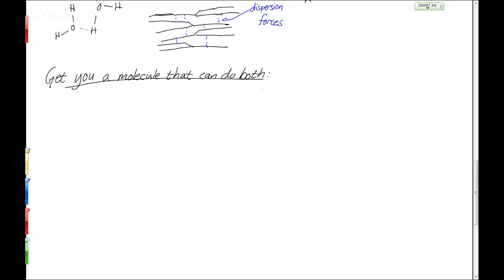So one example, in a small way, would be something like this. This is ethanol. Ethanol is the alcohol in alcohol. So on one side we have OH, which we know is good for hydrogen bonding and polar stuff. So that's going to interact with hydrogen bonding.